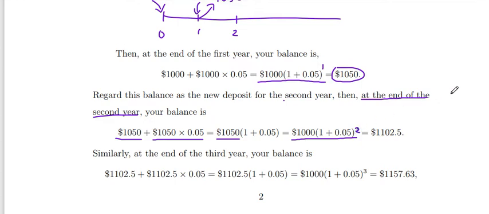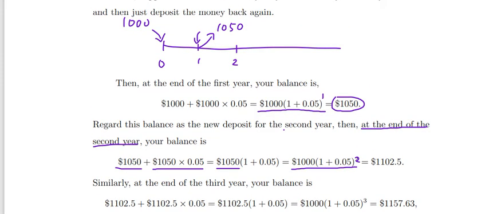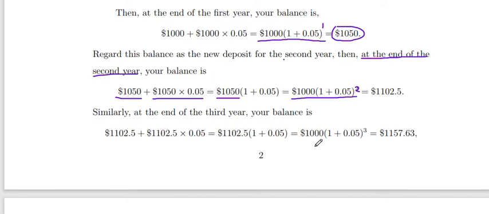So we take it out, put it back, and then at the end of 3 years, how much can you take? This equals 1,000 multiplied by 1 plus 0.05 to the 3rd power.